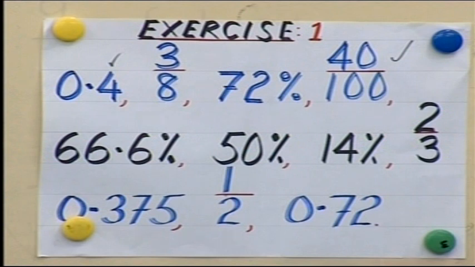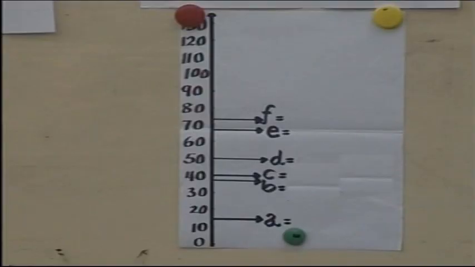I have 0.4, 3 eighths, 72%, 40 over 100, 66.6%, 50%, 14%, 2/3, 0.375, half, and 0.72. These are numbers that you are going to do your working out and see where they come on the number line with the correct letter. We will do the first one as an example.